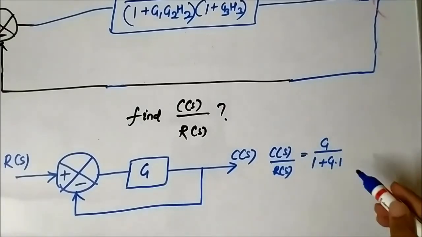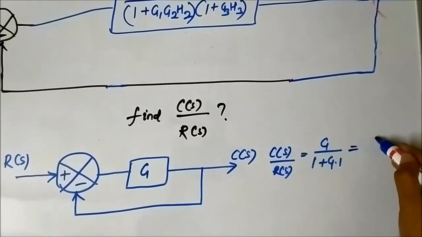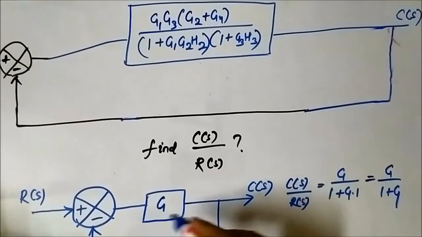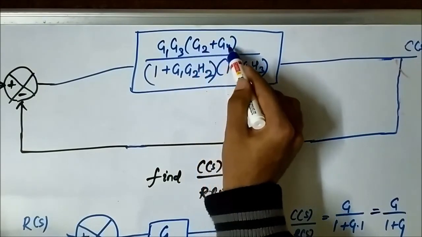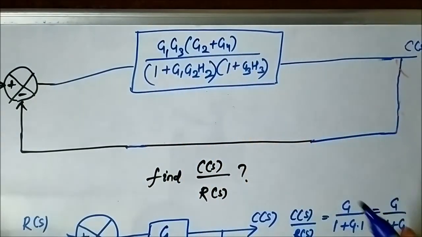The same rule is applied, G by 1 plus GH, but here H is 1, so it is G by 1 plus G. Here the forward path transfer function is G1 G3 into G2 plus G4 by 1 plus G1 G2 H2 into 1 plus G3 H3.